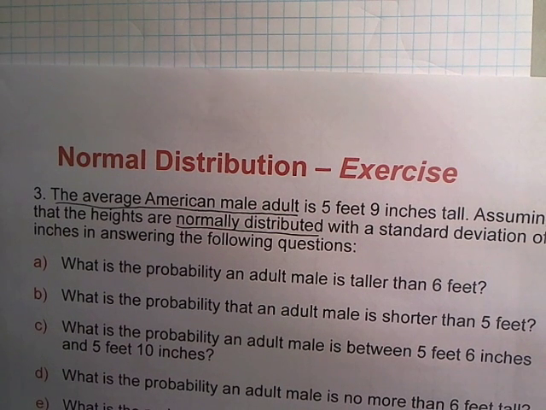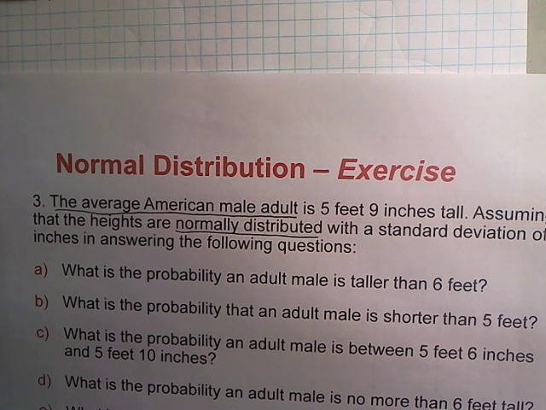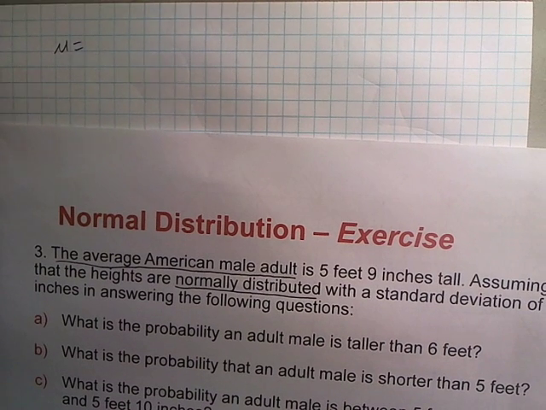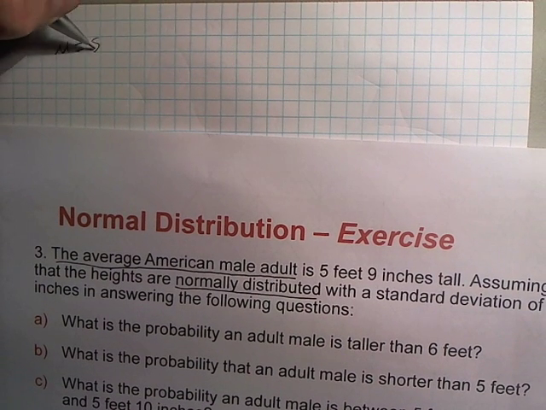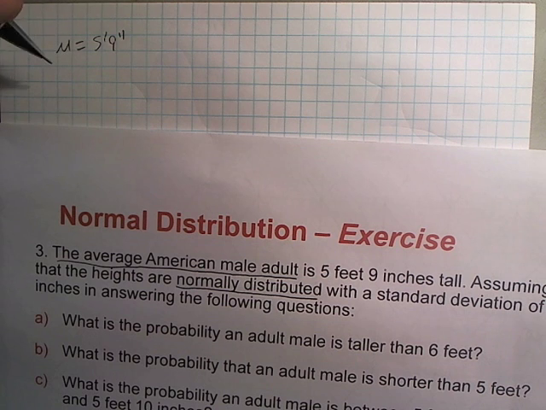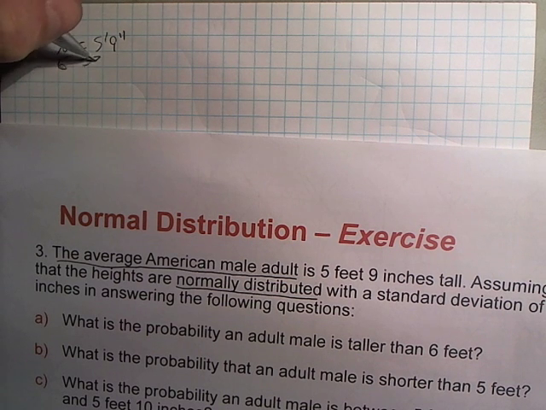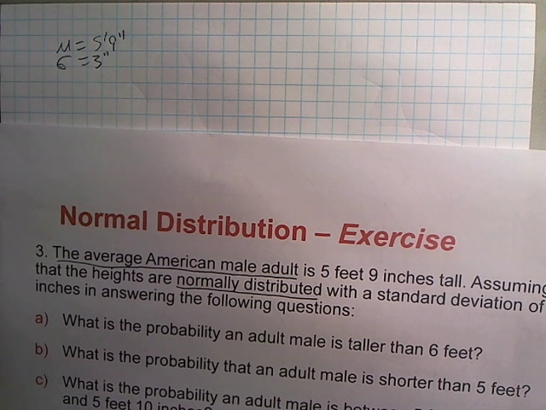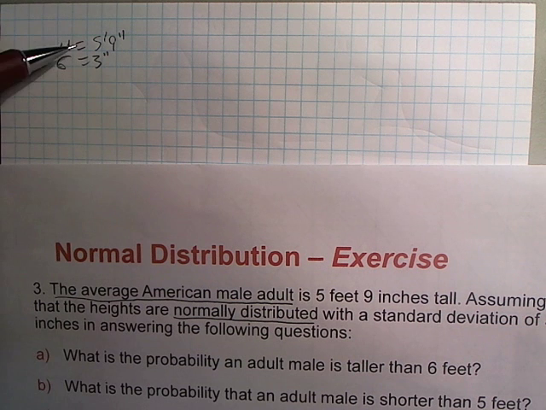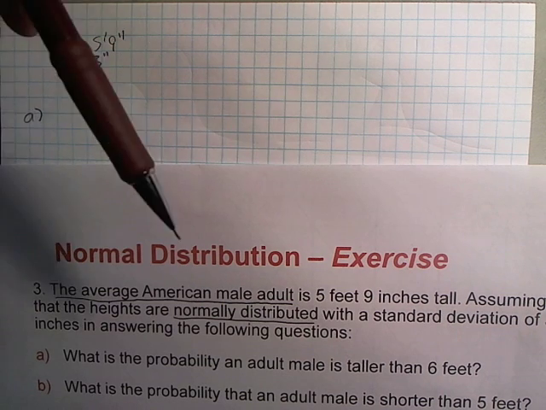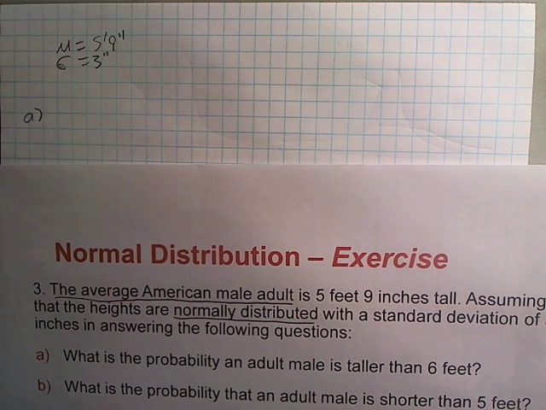The first thing I always like to do on a problem like this is to pull out all of the givens that I have to work with. Here we're told that the mean is 5 foot 9 inches, and we have a standard deviation equal to 3 inches. With that being noted, we're ready to proceed. The first question asks us, what is the probability that an adult male is taller than 6 feet?